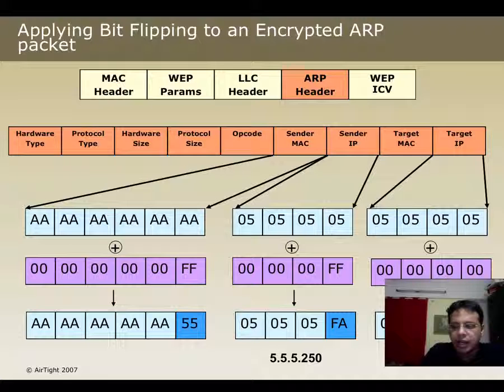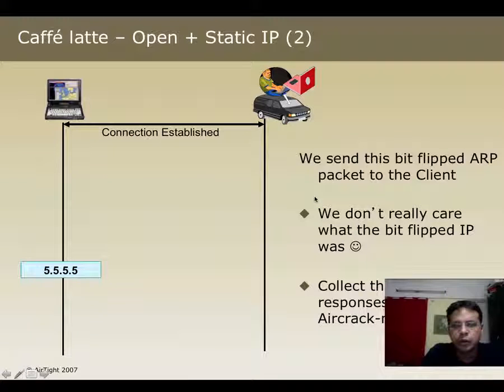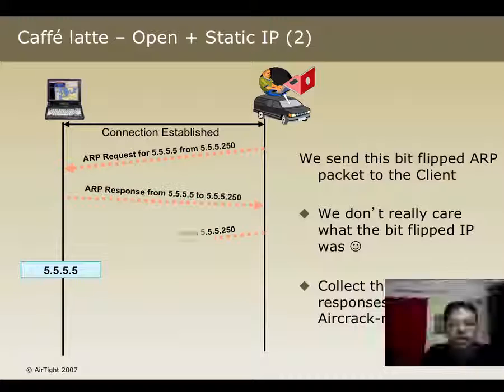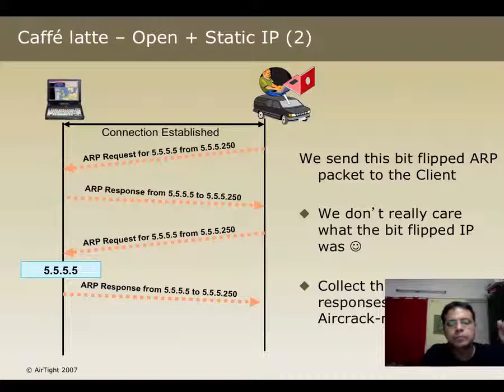And basically what happens next, I think all of you are already probably guessing: the attacker just keeps resending these bit flipped packets, which end up becoming ARP request packets for the victim, and the victim keeps responding. The attacker starts collecting all of these packets which have been encrypted with the network key, which the victim has stored in its cache.